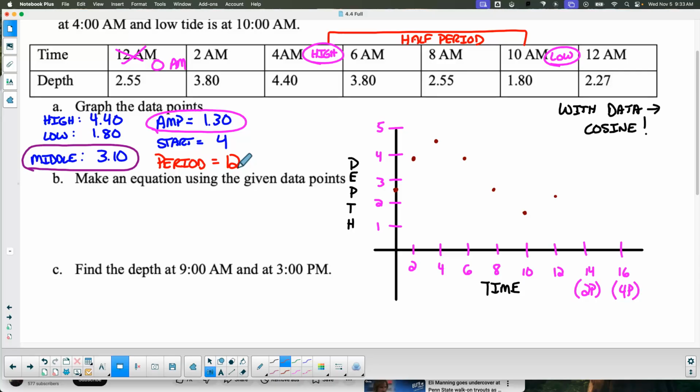Which makes my B value then be what? What's my B value if my period is 12? Pi over 6?